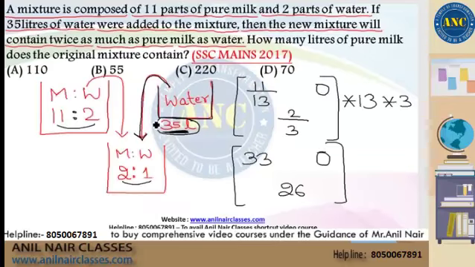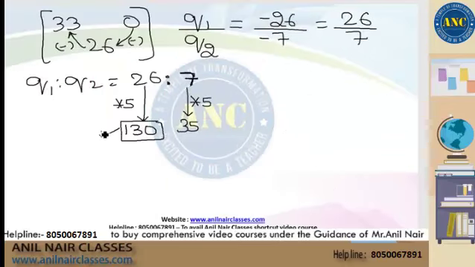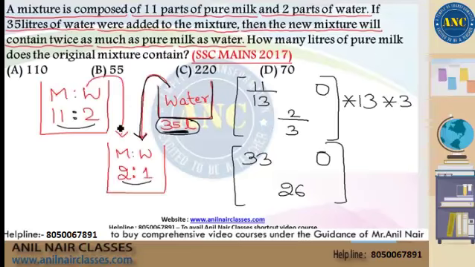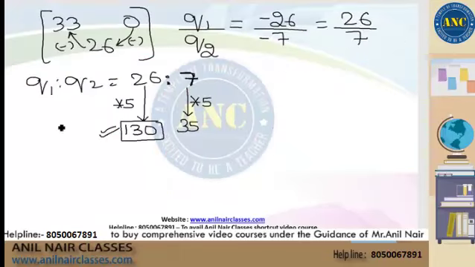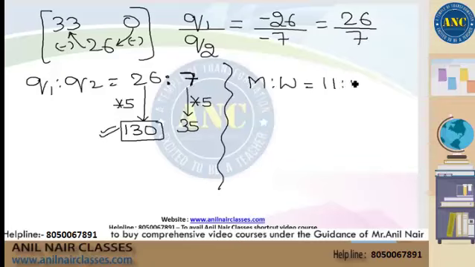That means the first vessel has a total quantity of how much? 130 liters. But according to the ratio, in the first vessel, milk and water is 11:2.